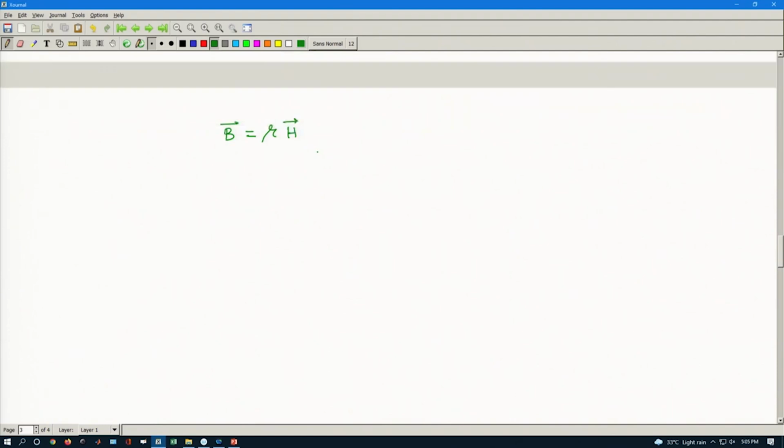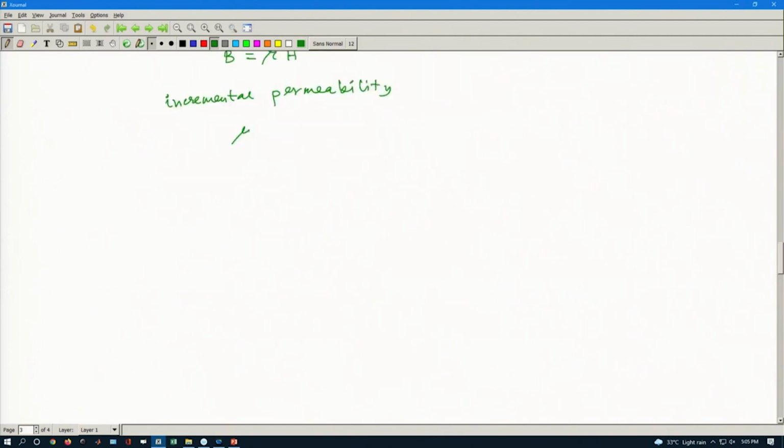and the incremental permeability, if I want to find out, that means what is the amount of change of permeability by a small change of H. This is roughly the ratio of the amount of B change with respect to the amount of the change of H. That is nothing but approximately the slope of the BH loop.